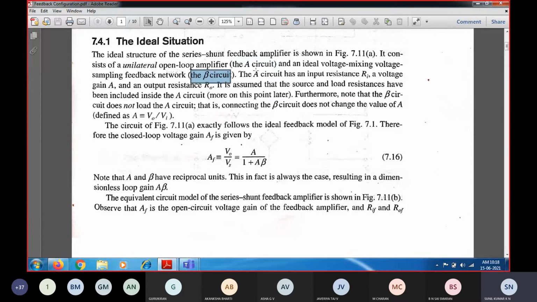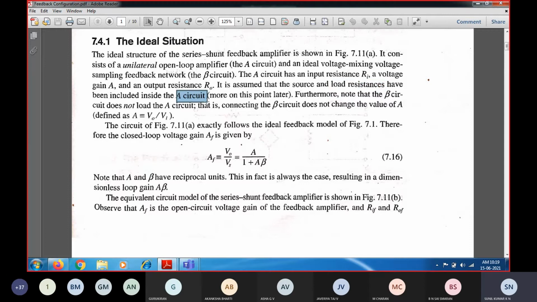Now the amplifier circuit has input resistance Ri and voltage gain A, which is the open loop amplifier gain, and the output resistance of the amplifier proper is R0. It is also assumed that the source and load resistance have been included in the amplifier circuit.